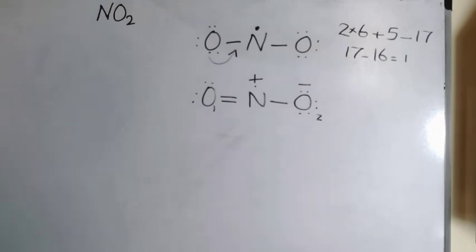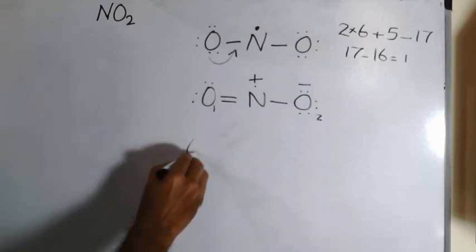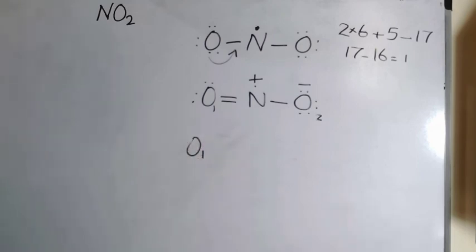Now we will move on to consider the hybridization of each atom. In previous videos I have given a detailed explanation on hybridization. So if we consider oxygen 1, there are 2 lone pairs and 1 sigma bond. So we have to have 3 hybridized orbitals.